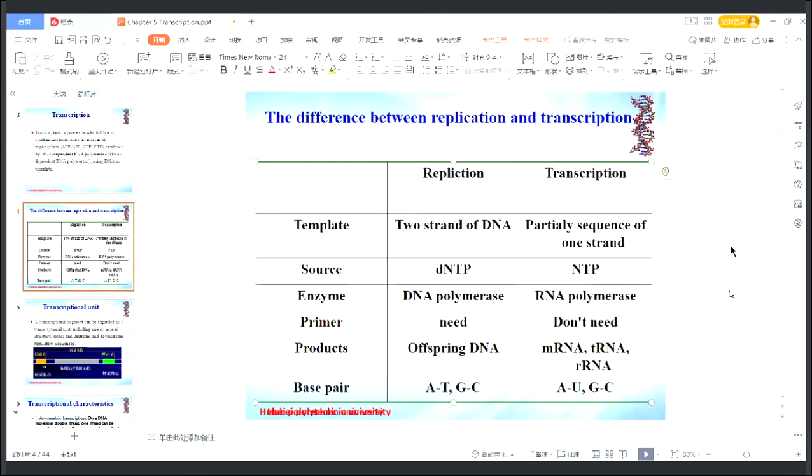It doesn't need the primer. And the products are different. You can see the replication produces the offspring DNA, and the transcription produces all kinds of RNA.